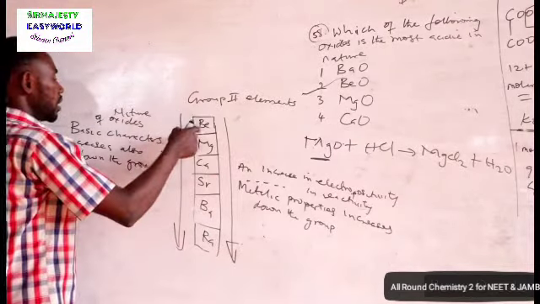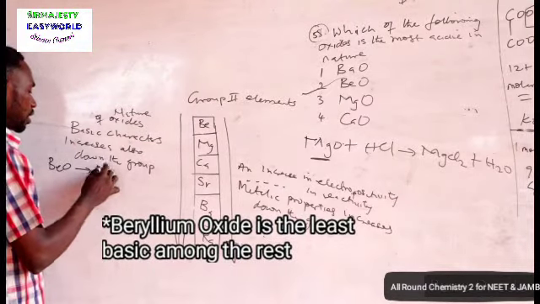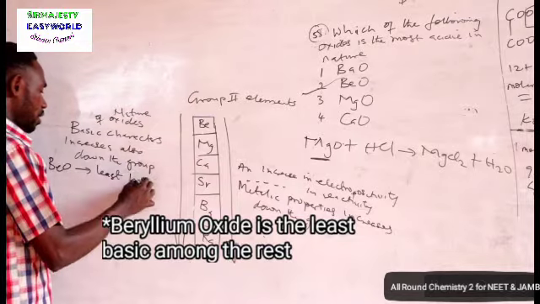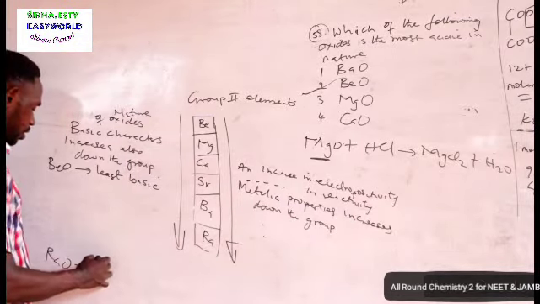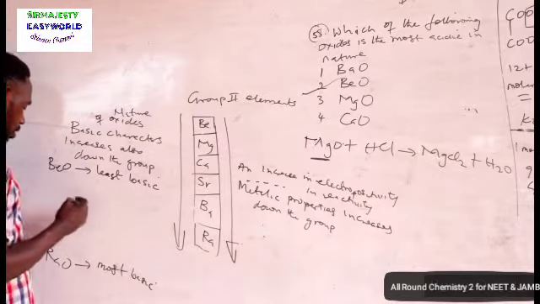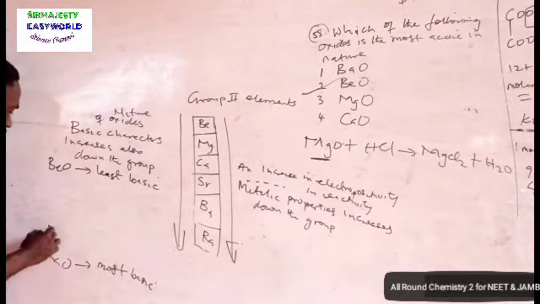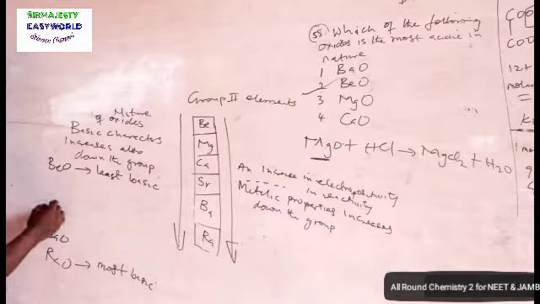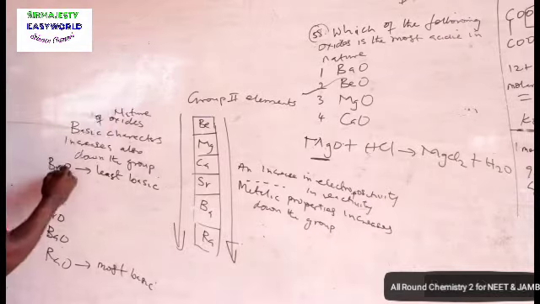In that sense, beryllium oxide is the least basic, while radium oxide is the most basic, followed by barium oxide, then strontium oxide, calcium oxide, and magnesium oxide. So if you are to arrange them in basicity, beryllium oxide is the least basic.